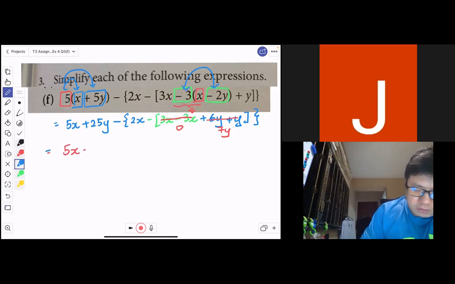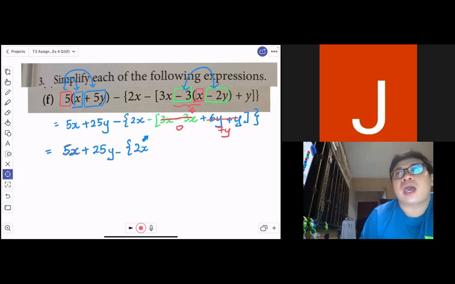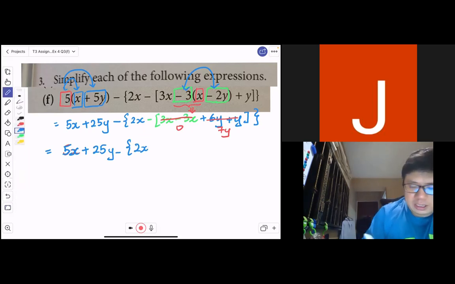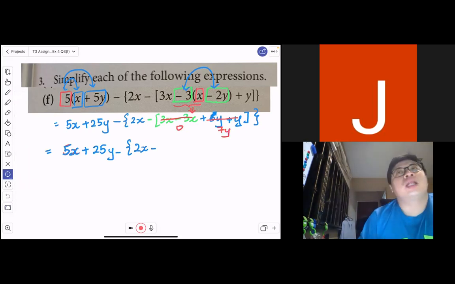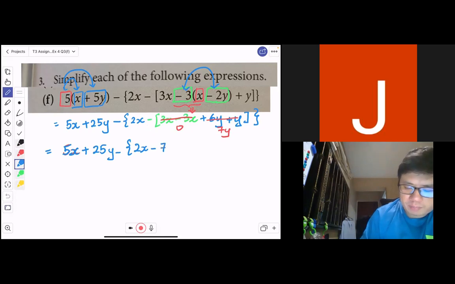Sorry for the different colors. I'm just a very colorful person. 25y minus 2x, I'm just copying what I have from earlier. Minus, and you can see minus and 7y. There's nobody left. There's only a square bracket with 7y inside, so it's just 7y.